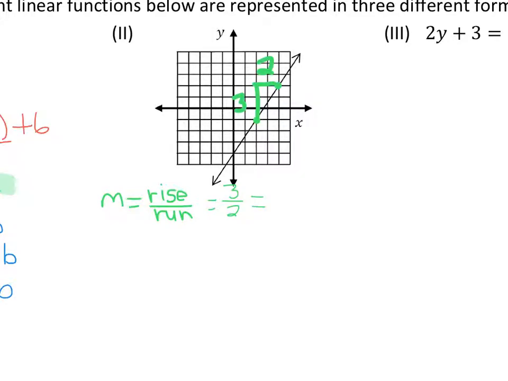I could leave it as a fraction, or just for comparison reasons, I'm going to change it to a decimal. Divide it out, I get the slope is 1.5. So the slope is 1.5. To find the y-intercept on a graph, that actually is quite simple. I just look to see where my line, right here, intersects our y-axis, which is right here at this point.